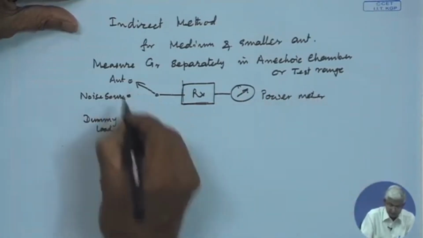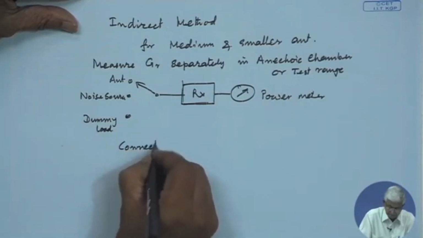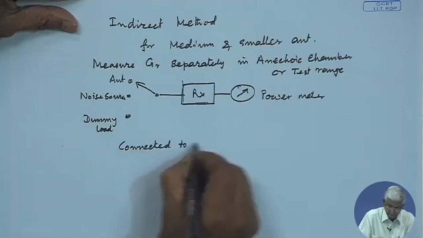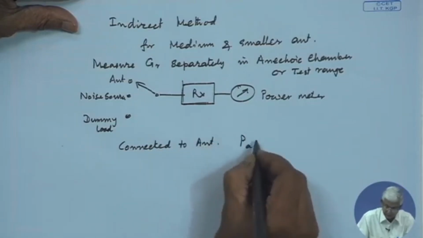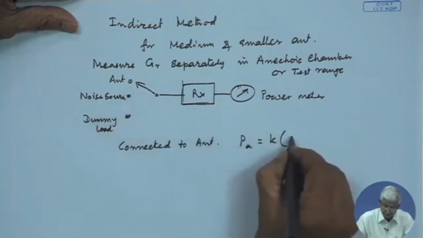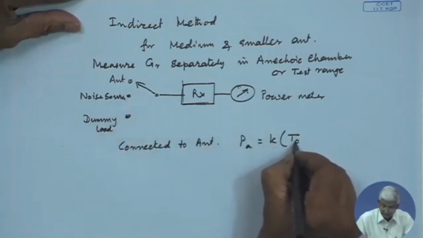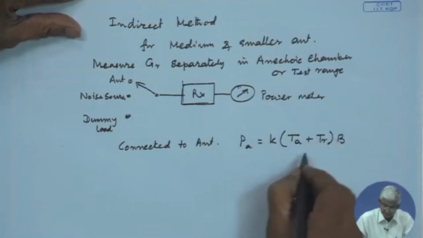Let us say when it is connected to the antenna, we measure power as P A, which is K into the temperature of the antenna plus the temperature of the receiver, into B, that is KTB.